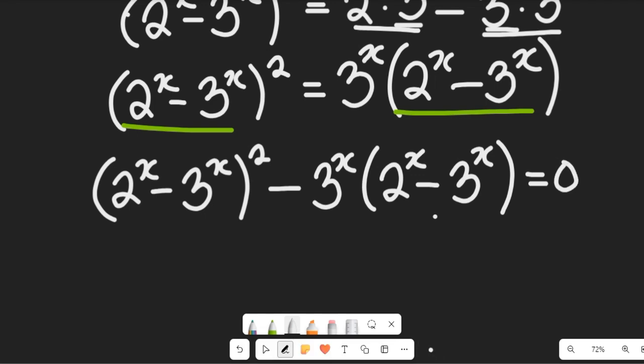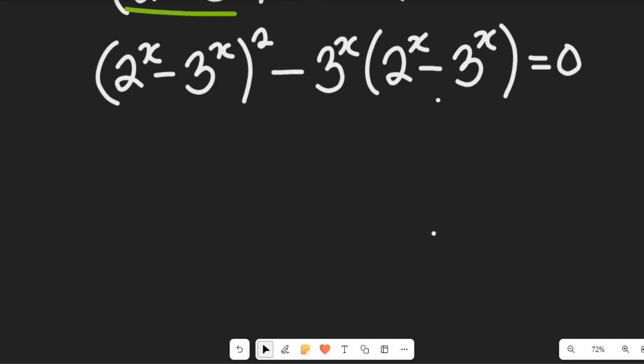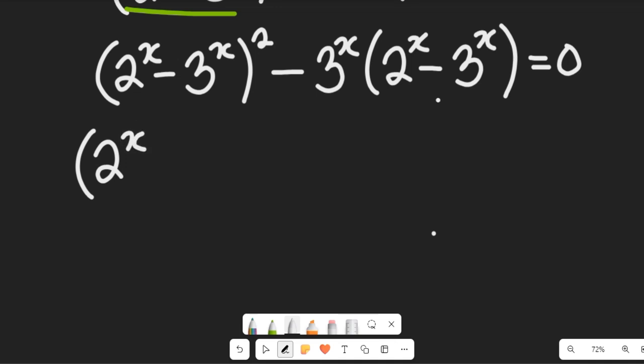This is a point where I can easily simplify and collect like terms. I have 2 to the power of x minus 3 to the power of x, which is common. So I'm going to bring that term out, 2 to the power of x minus 3 to the power of x, right?